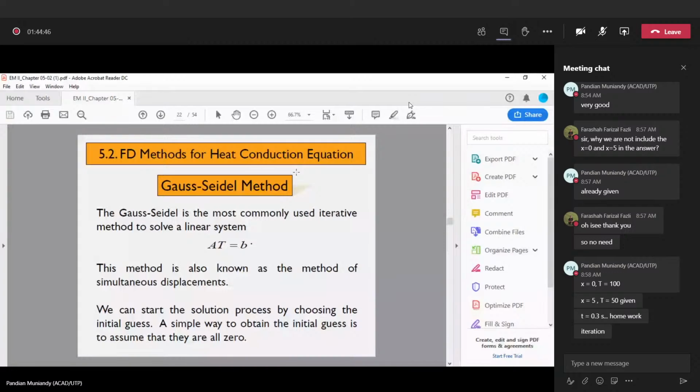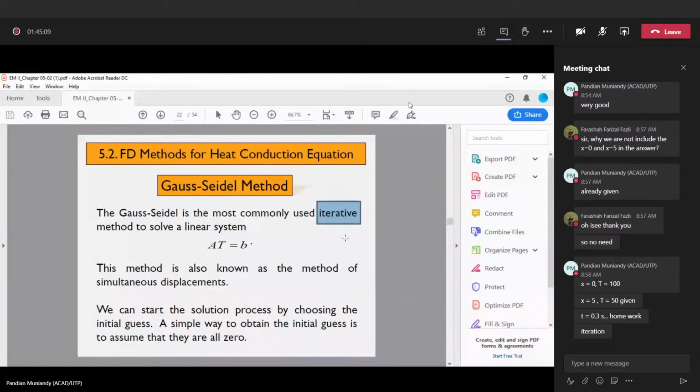So when we say iterative method, you cannot use the analytical method. No, because iterative method means, like what you have done at t 0.1, you already have the 4 values. At t 0.2, you repeat. This is called iterative method.